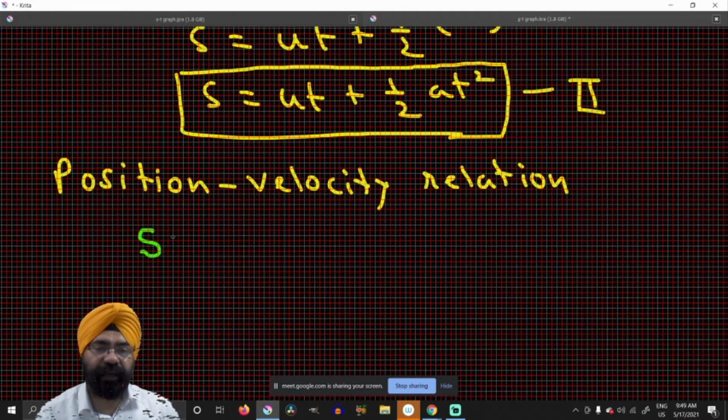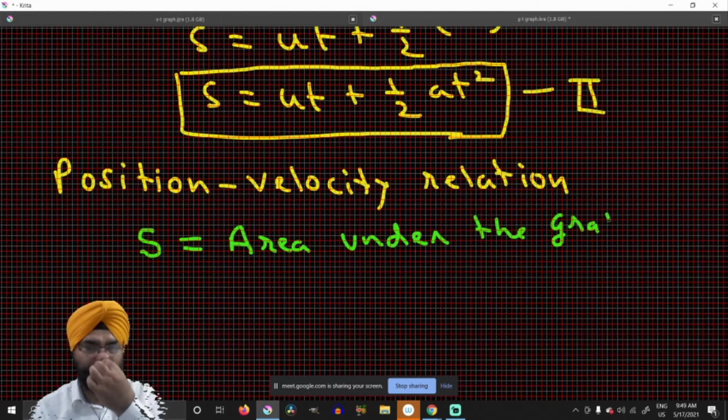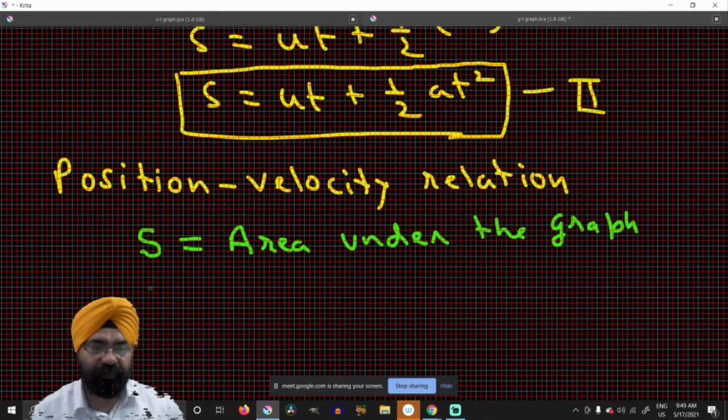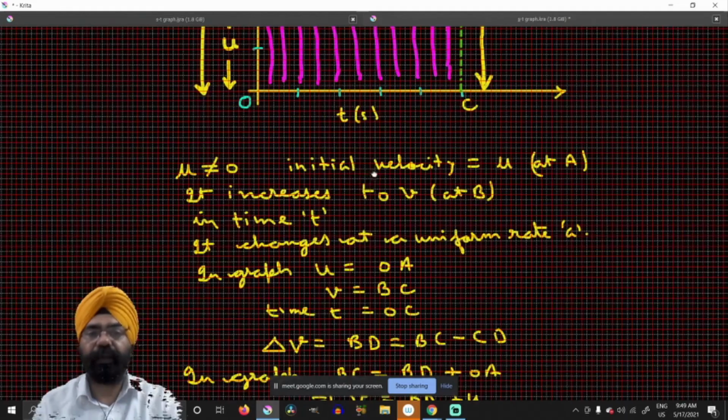So we again find the displacement and do the same thing: S is equal to area under the graph. Correct? Yes, sir. But this time we find the area of a trapezium.